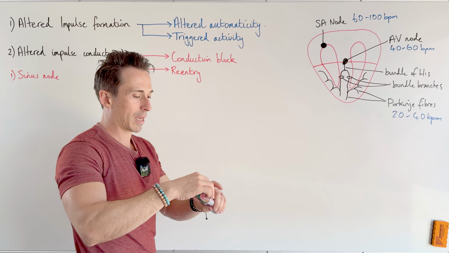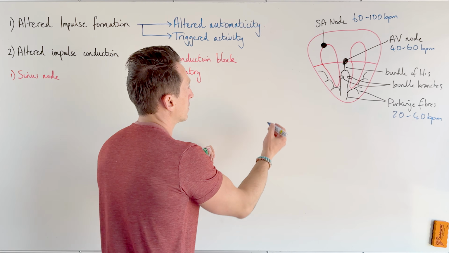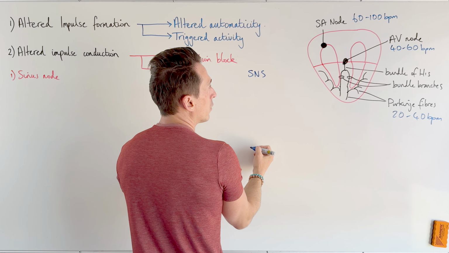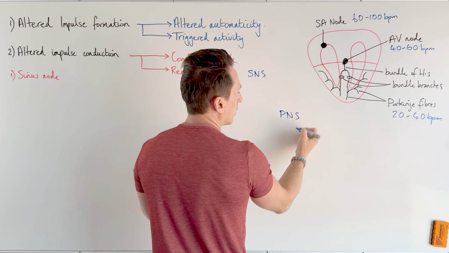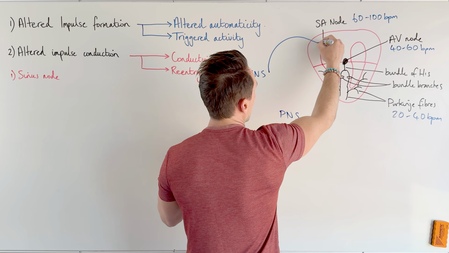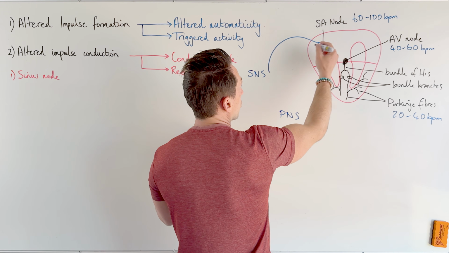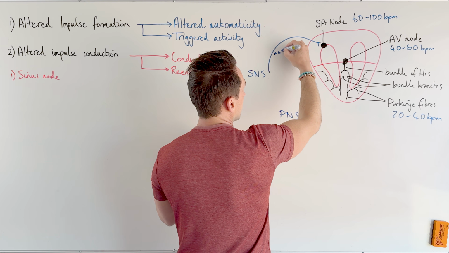Well, first thing is the sinus node is innervated by the autonomic nervous system. So there's two branches. It's innervated by the sympathetic nervous system and it's innervated by the parasympathetic nervous system. The sympathetic nervous system will have neurons that synapse with it, and these neurons will release a neurotransmitter called, what is it?